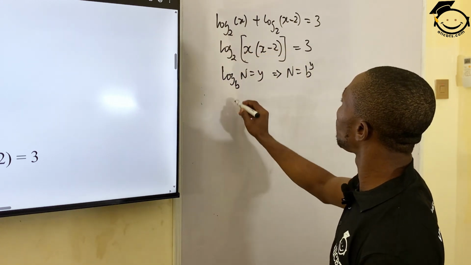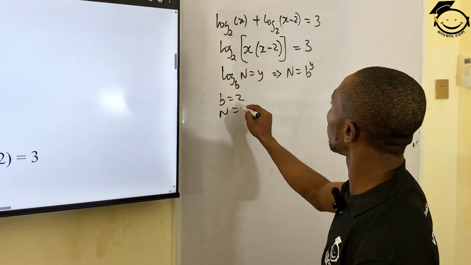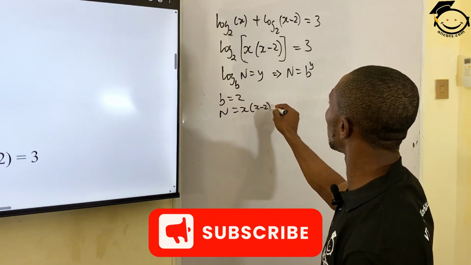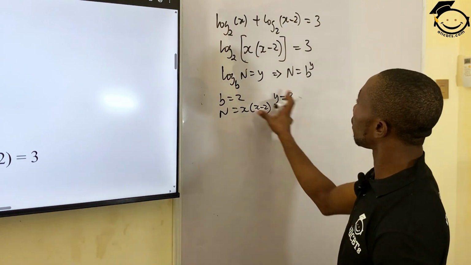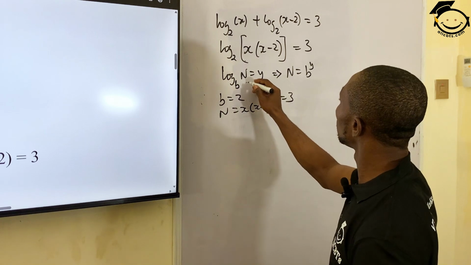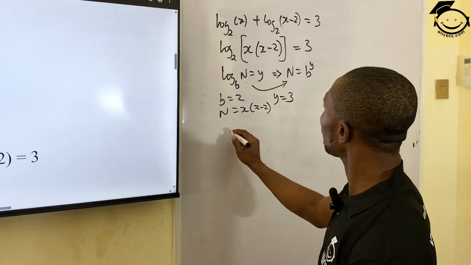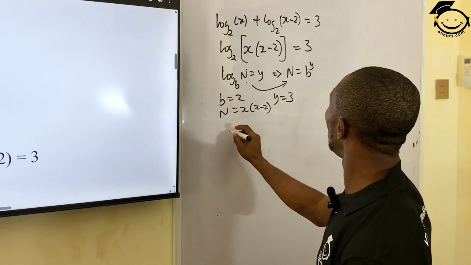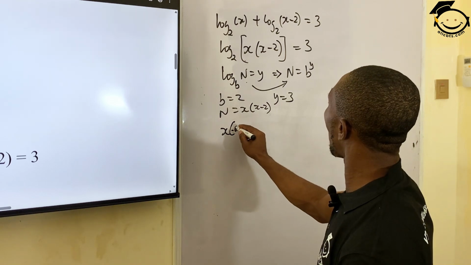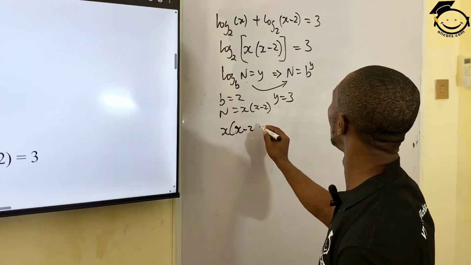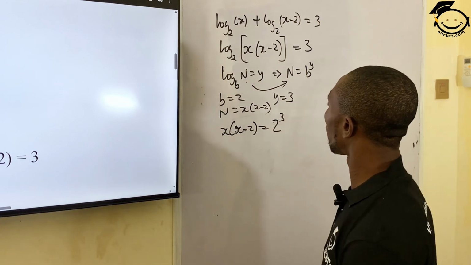In this form, our b equals 2, our n equals x(x minus 2), and our y equals 3. So if we rewrite it, we have x(x minus 2) equals 2 raised to power 3.